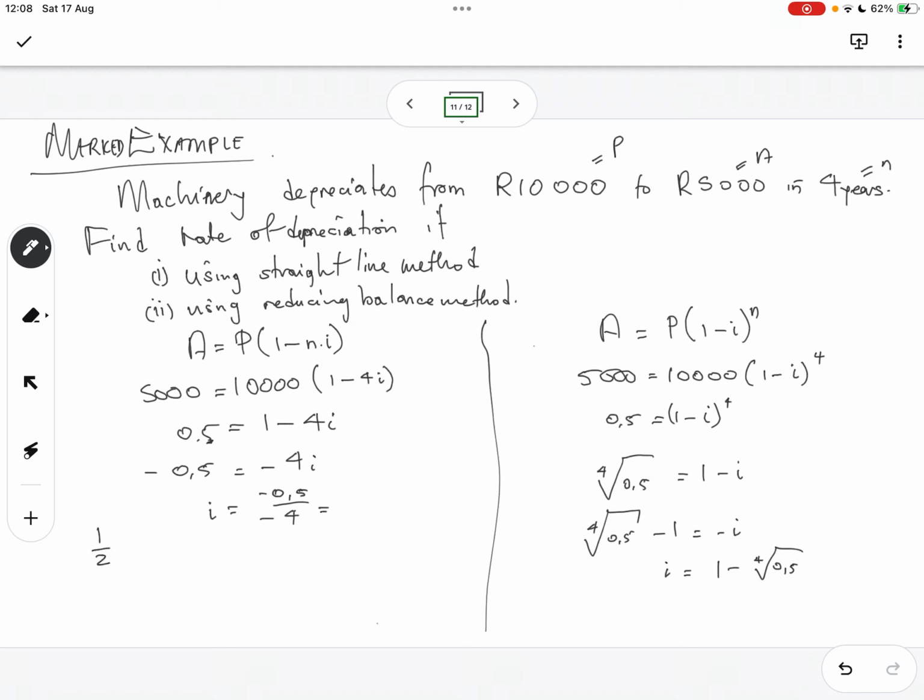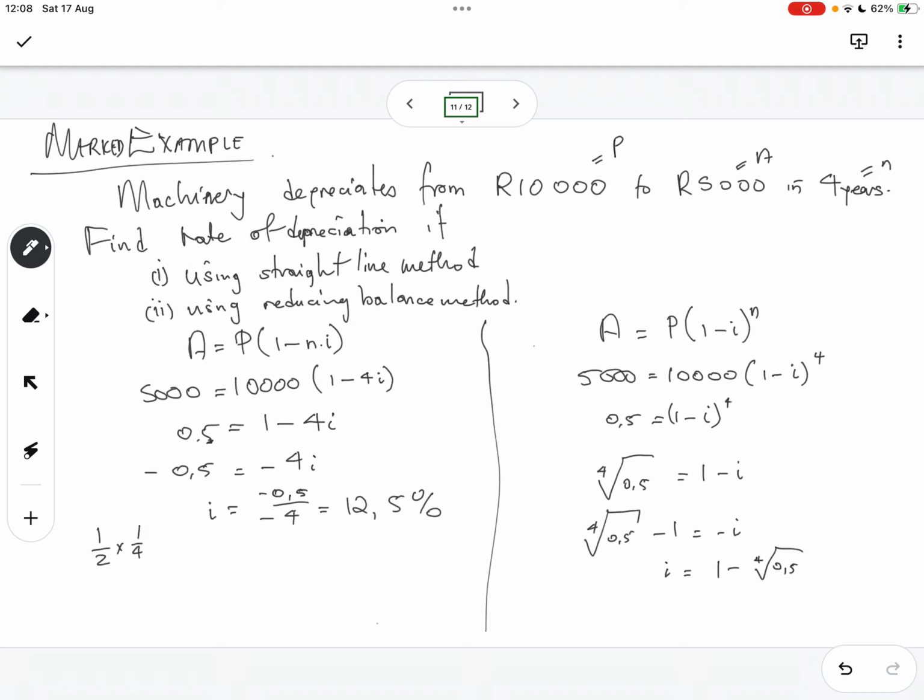And then here we get 1 over 2 times a quarter, which is 1 divided by 8, which is 0.125, times 100 gives us 12.5%.